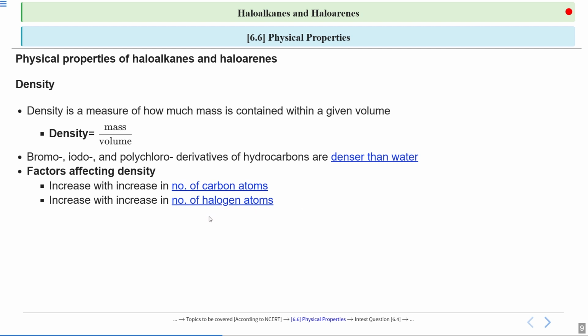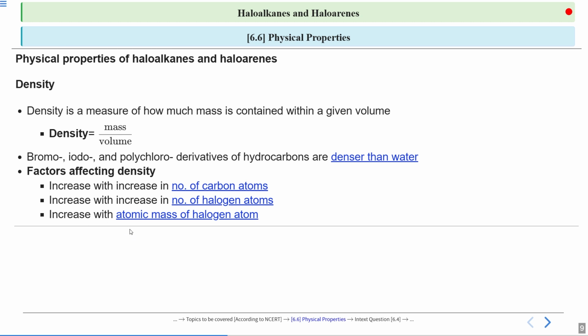Because there is a greater number of halogen atoms, greater mass is attaching with your alkyl or aryl group. This is going to cause increased mass, that means increased density. So density will increase with increase in the number of halogen atoms.